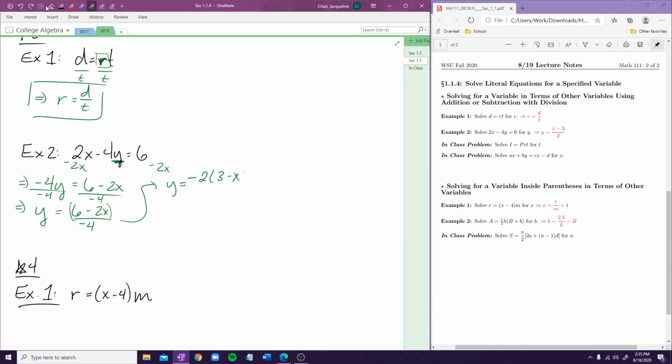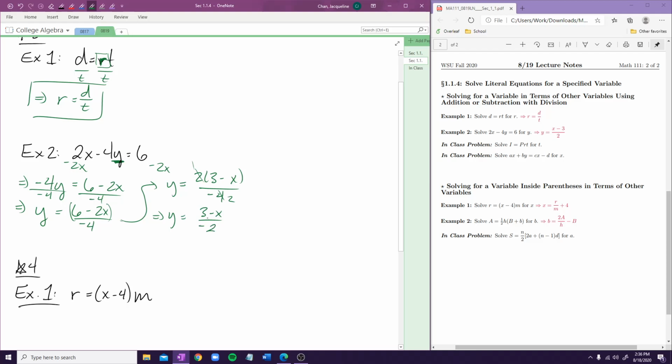This might be a little confusing. I'm going to keep the negative in the 4. We're just going to focus on factoring out the 2 first. So let's take out the 2. Let's do 3 minus x over negative 4. This becomes a 1, and this becomes a 2. So then I'm left with y is equal to 3 minus x over negative 2.